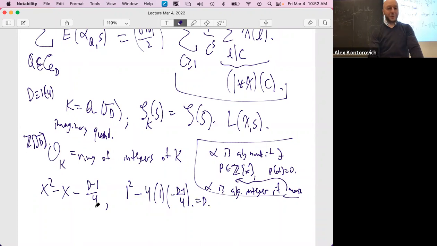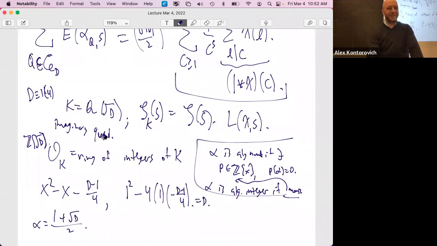And so the root of this polynomial, which is (1 plus root d) over 2, is an algebraic integer defined over this number field.